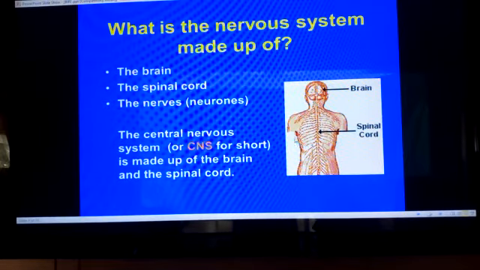Now, what is the nervous system made up of? We need to note that our brain is very significant when it comes to coordination, and therefore it is the first main component of the nervous system. The other components are the spinal cord, then the associated nerves, that is the neurons.